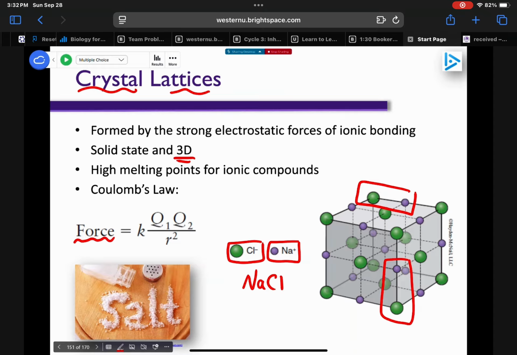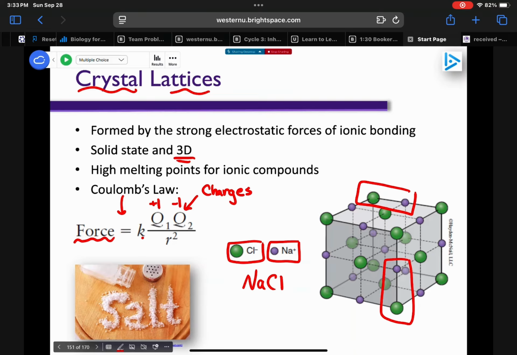And then, more importantly, it has Q1 and Q2 in the numerator. These are the charges of the cation and anion. So for sodium chloride, it would be +1 and -1. We kind of just use the absolute value. We don't really care about the fact that it's negative, but we have the magnitude of the charge for each one. We can see that if we had a +1, -1, that adds a 1 to the numerator.